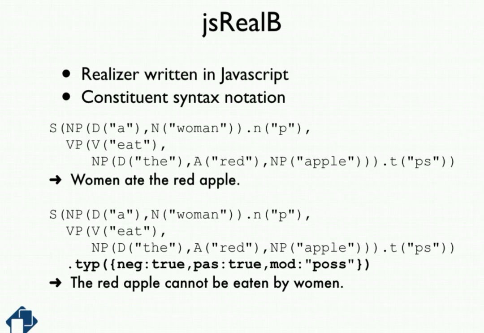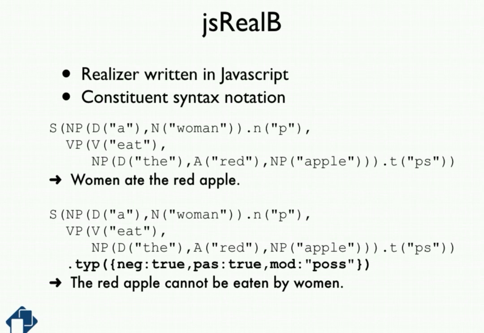And then you have a verb phrase in which you have a verb and then another noun phrase, and this verb will be in the past tense. So if you give this structure to GSRealB, it will generate "women ate the red apple", in which you will see that this was put to the plural, and then the verb agrees with the subject and so on.